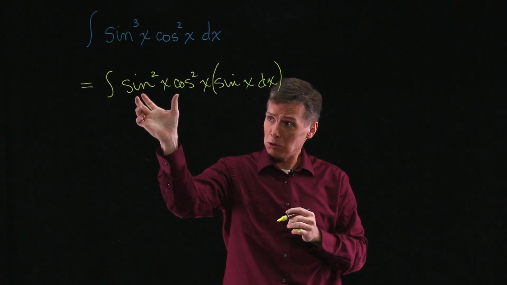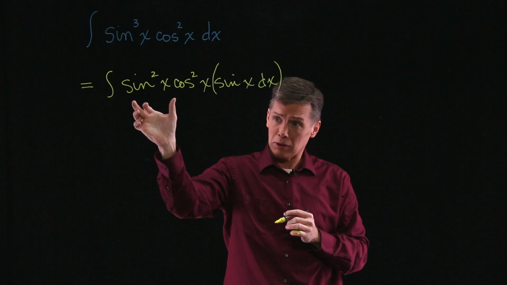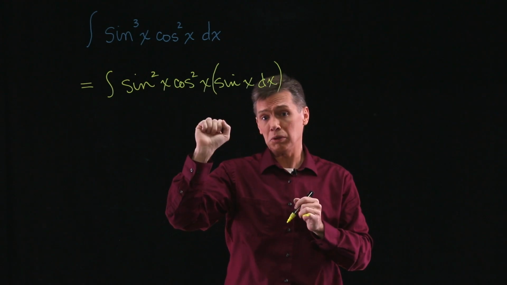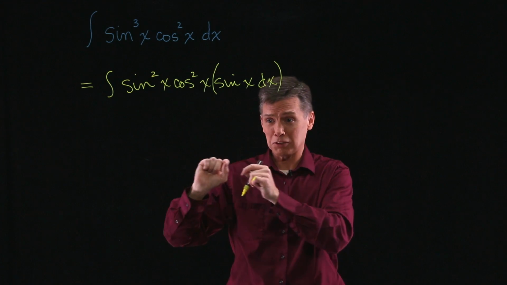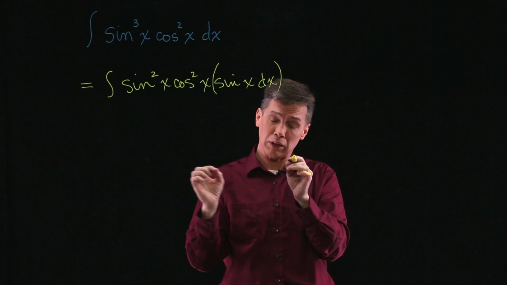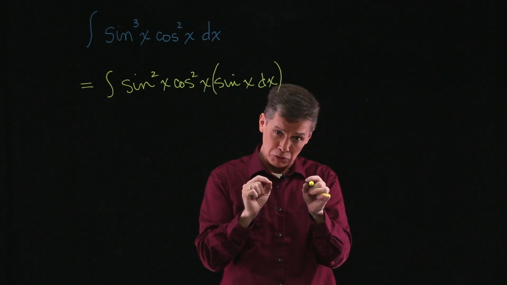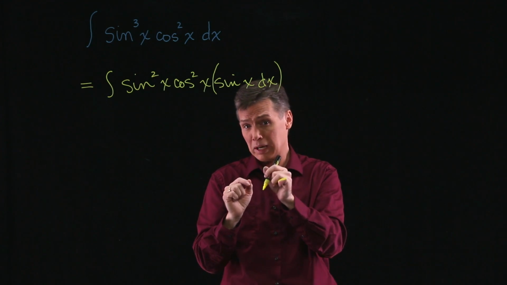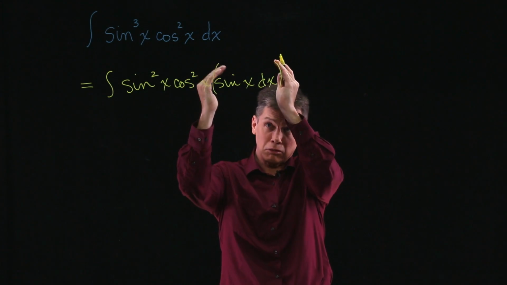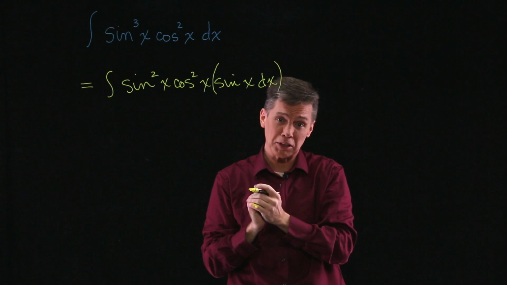And so I'll be able to rewrite using the Pythagorean identity, so it'll end up being in terms of cosine. And so the second reason we do this, if you just listened to what I said on the first reason, everything will be in terms of cosine. So we're going to let u equal cosine, and so my du is going to be minus sine dx, and that's what's going to get replaced right there in my original expression.